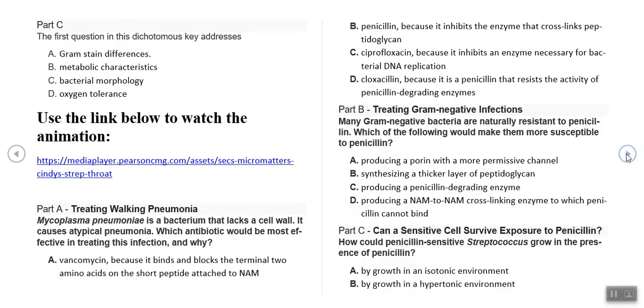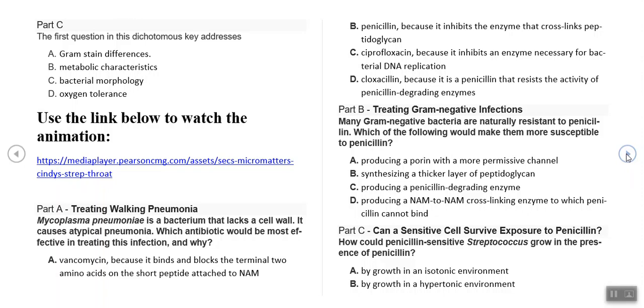C, ciprofloxacin, because it inhibits an enzyme necessary for bacterial DNA replication. That one would work because it's not a drug that targets the cell wall. We know it has to have DNA because it's a bacteria, it's a living cell. It's not in a nucleus, but it does have DNA. But let's see what letter D says.